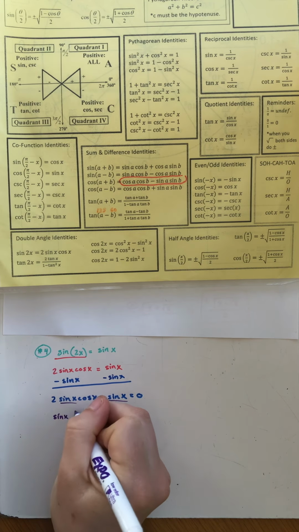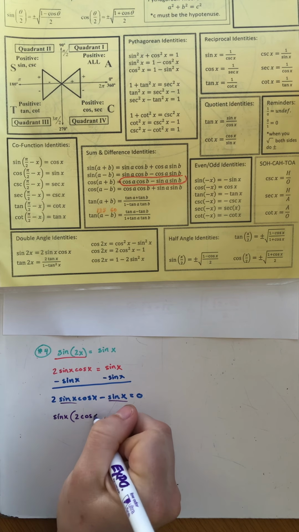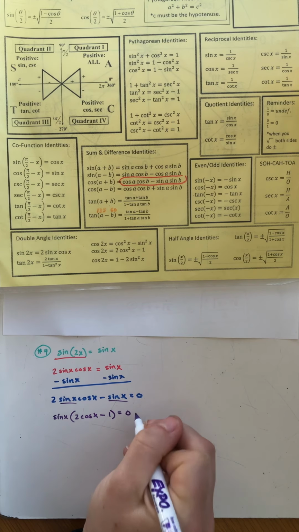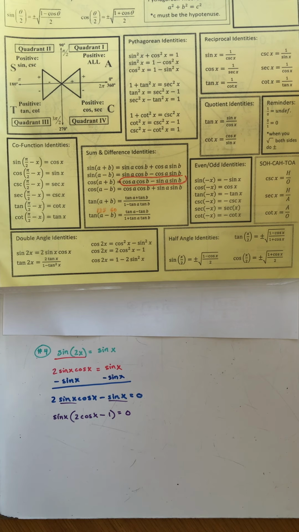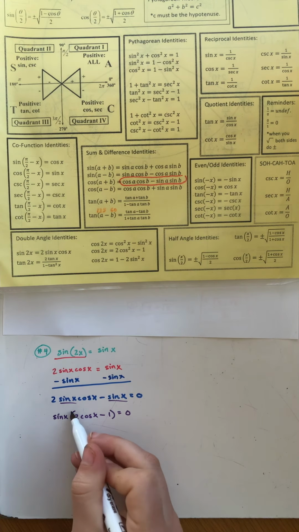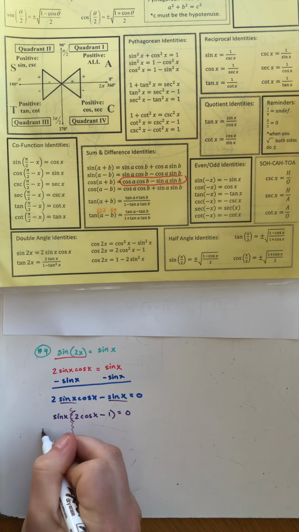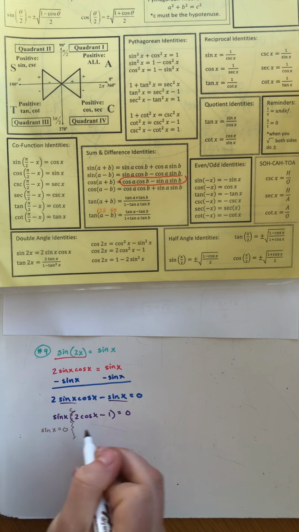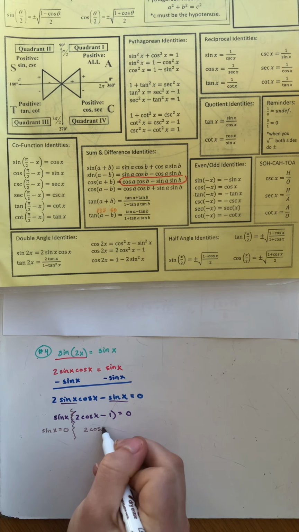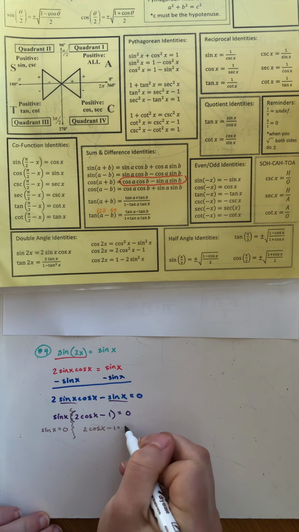You put that in the front, and you're left with 2 cosine x minus 1 equals 0. Now you can use the zero product property, which just means that I can split them up because it's multiplication. And I can have sine x equals 0 and 2 cosine x minus 1 equals 0.